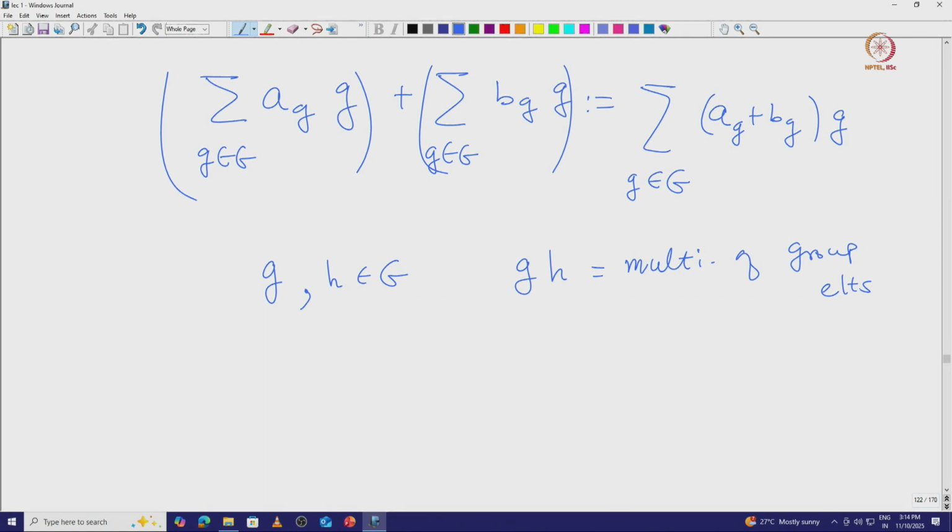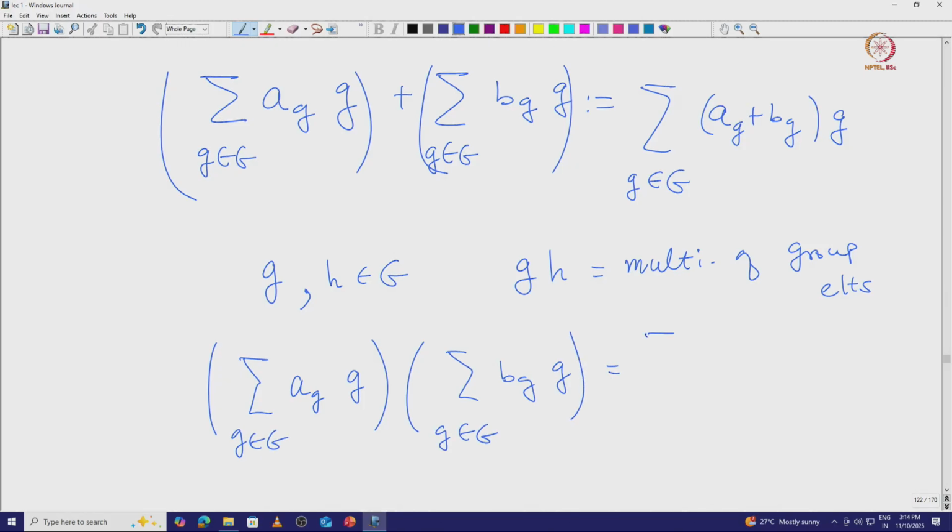It is the same multiplication that we use in CG, and we extend that multiplication bilinearly to the entire CG. That means if we take the summation of a_g g and multiply it with the summation of b_g' g', then you get two summations.